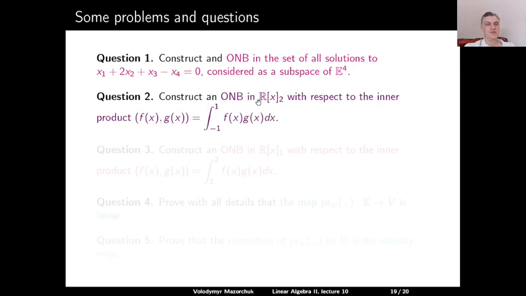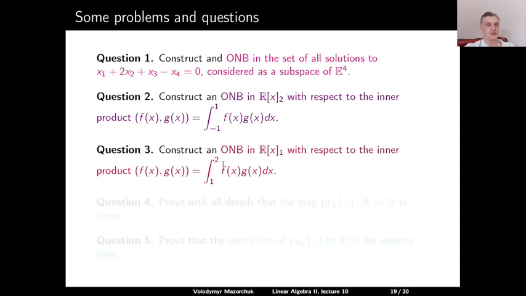Construct an ONB in the space of all polynomials of degree at most 2 with respect to the inner product given by the integral between minus 1 and 1 of f of x g of x dx. Question 3. Construct an orthonormal basis in the space of all polynomials of degree at most 1 with respect to the inner product given by the integral from 1 to 2 of f of x g of x dx.